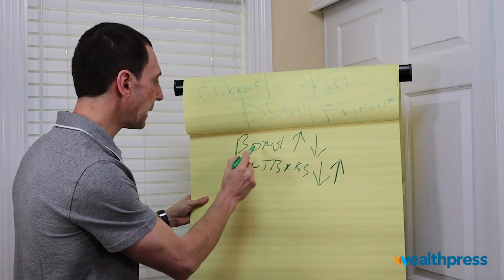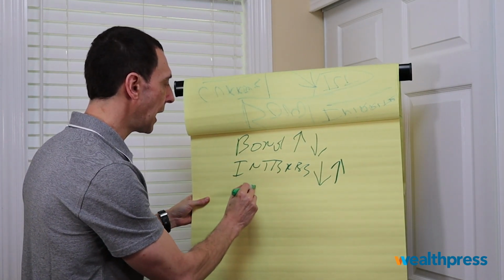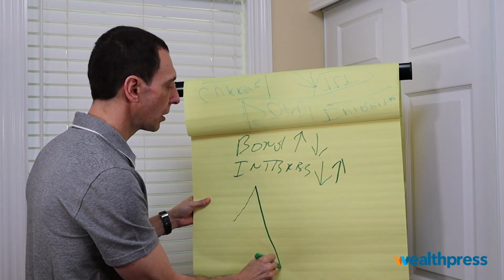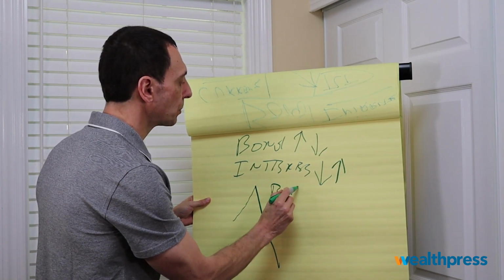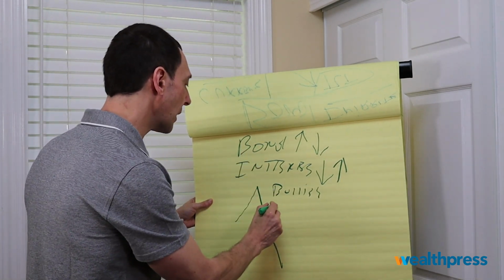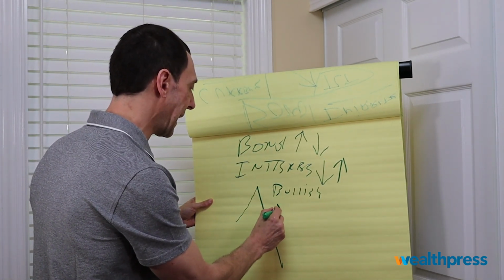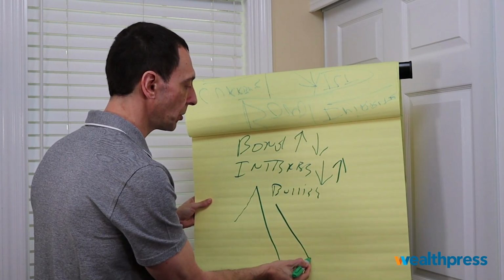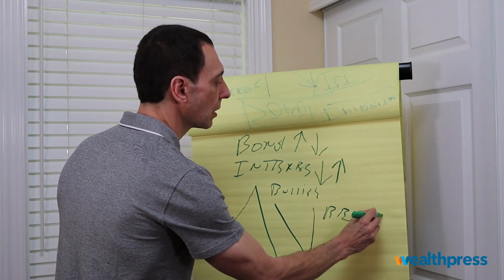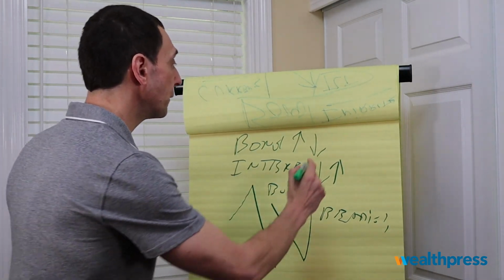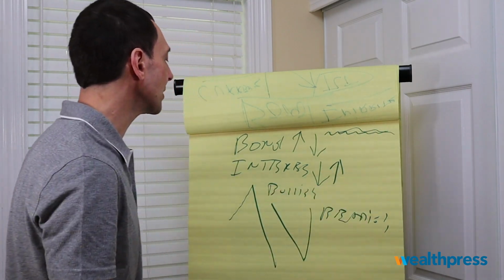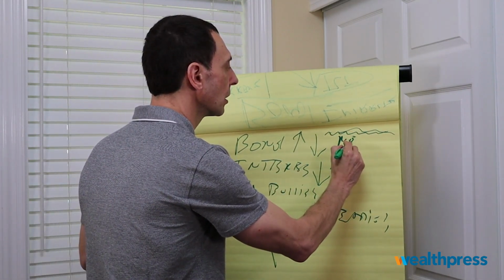So when you see the bond market moving higher, that means interest rates are moving lower. That's bullish for the stock market, okay? If you see bonds moving down, that means interest rates are moving higher. That's bearish for the stock market. And if you see interest rates just doing nothing, bonds doing nothing and just moving sideways, that's neutral.